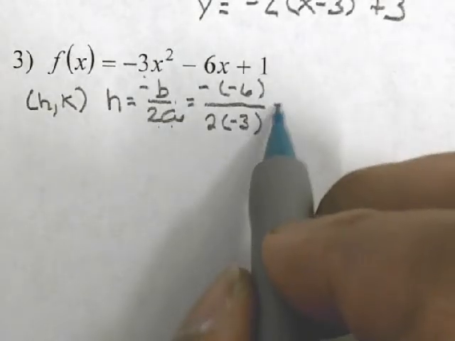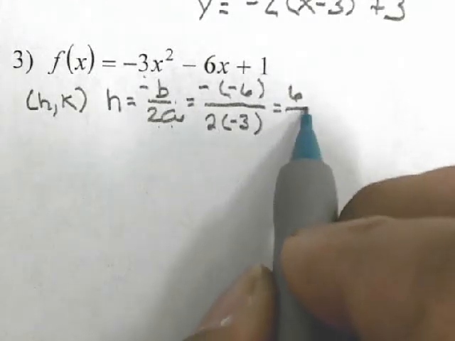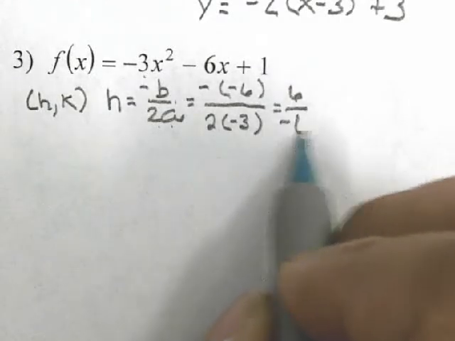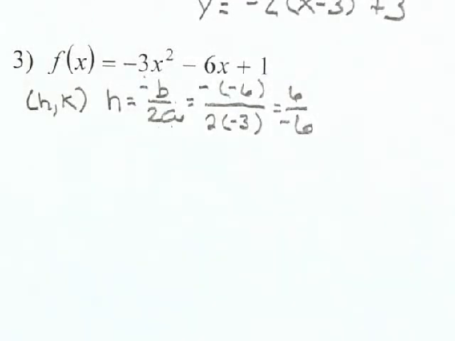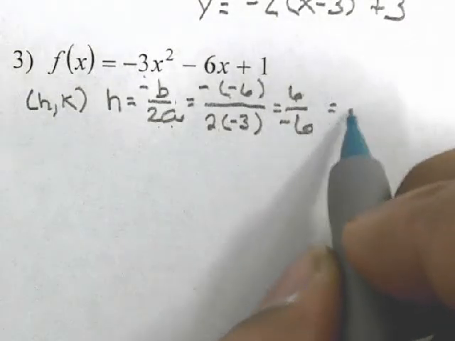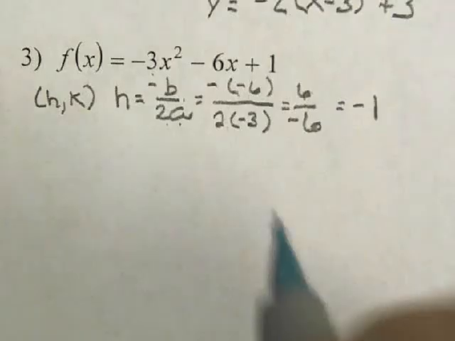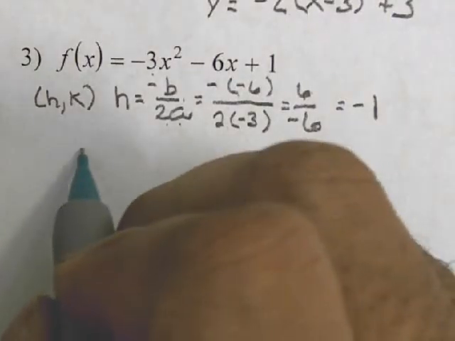Okay. The opposite of negative 6 is just 6. 2 times negative 3 is negative 6. So, 6 divided by negative 6 is just negative 1. So we have h. Now, we're going to substitute negative 1 back in there to find k.